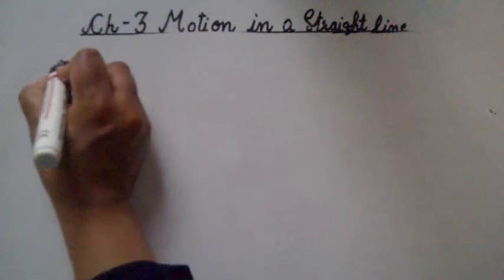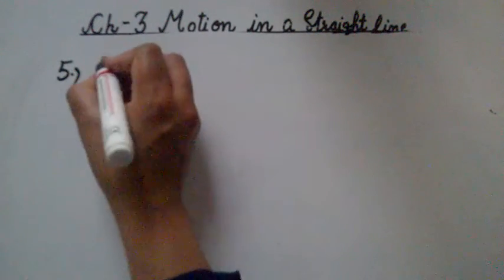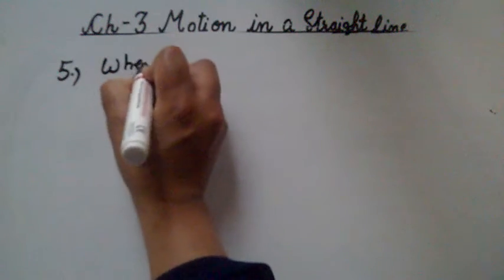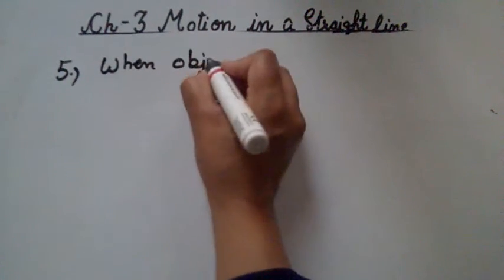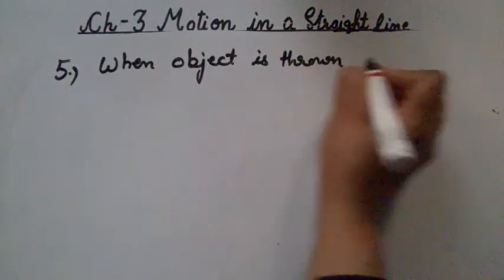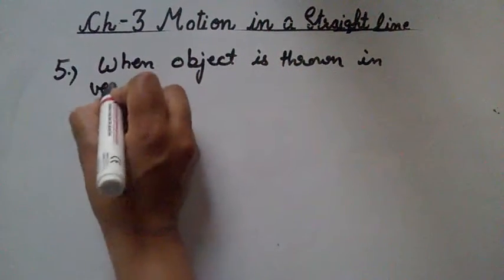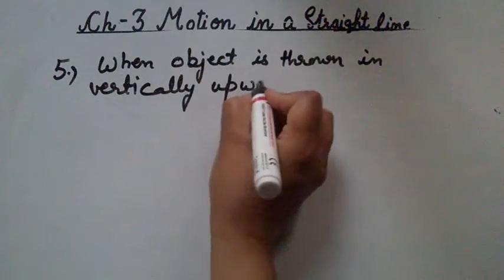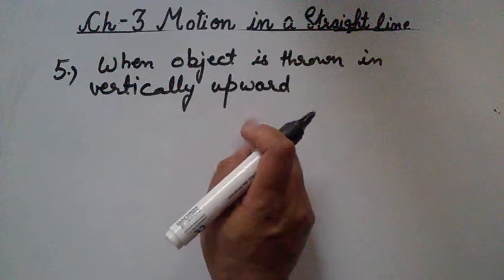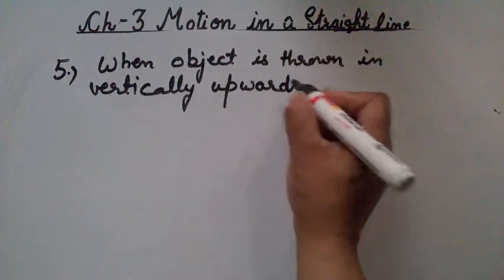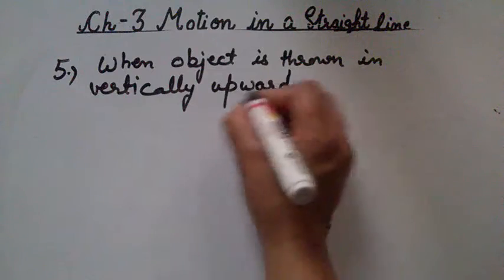Next situation is when object is thrown in vertically upward direction. We know that when object thrown in upward direction, then its velocity will decrease and retardation occurs.